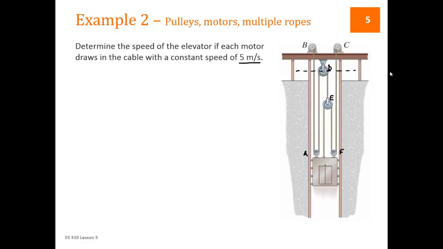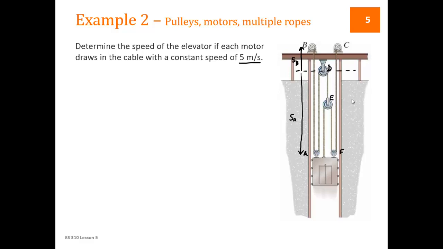From that fixed point up to B, where the giant is holding onto our rope, would be SB. From that fixed point down to A would be SA.